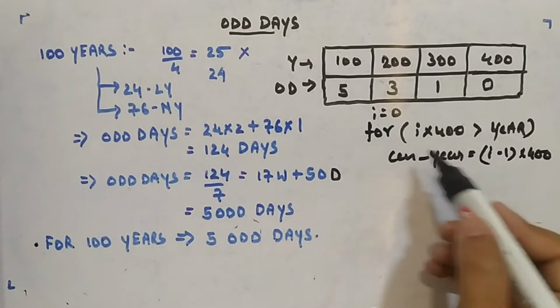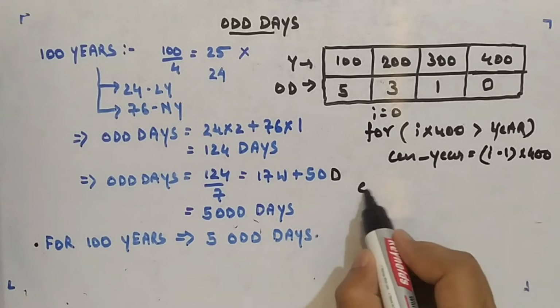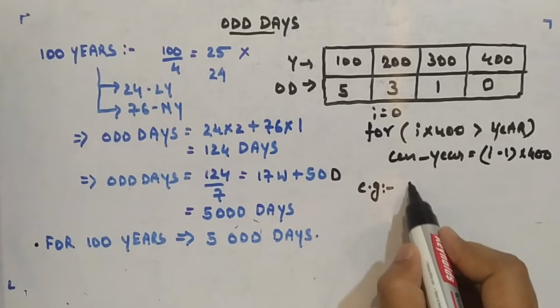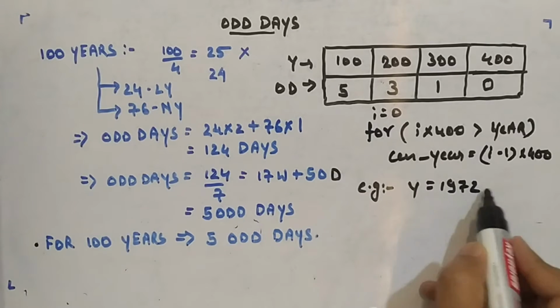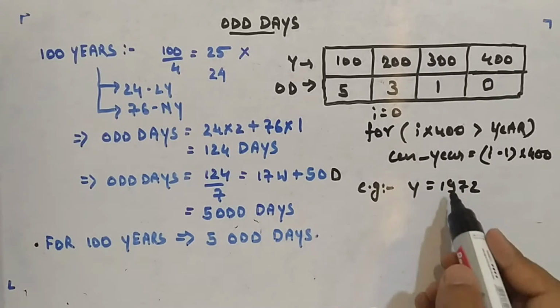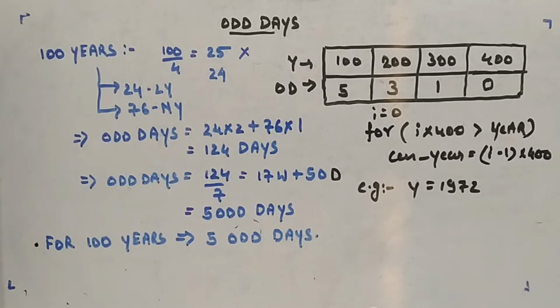Okay, so if it will start with 0, let's say, for example, your year is 1972.